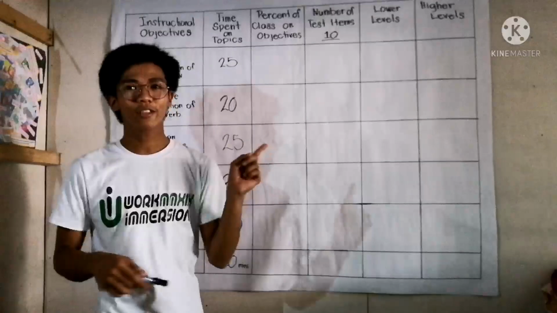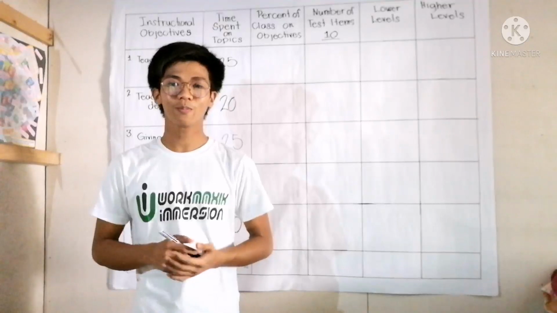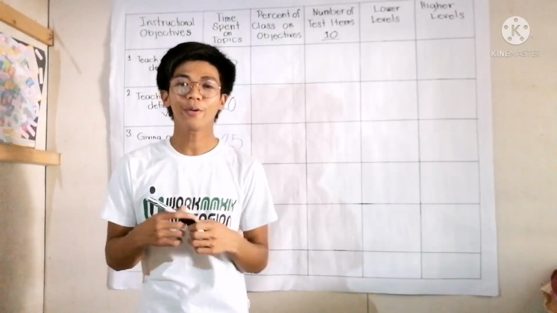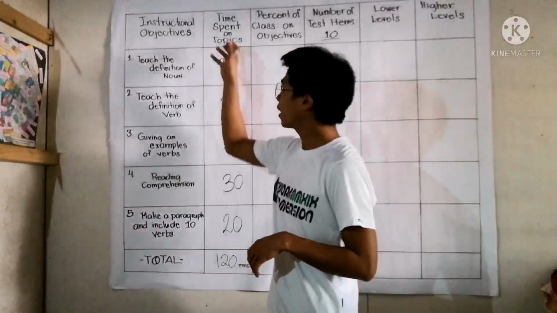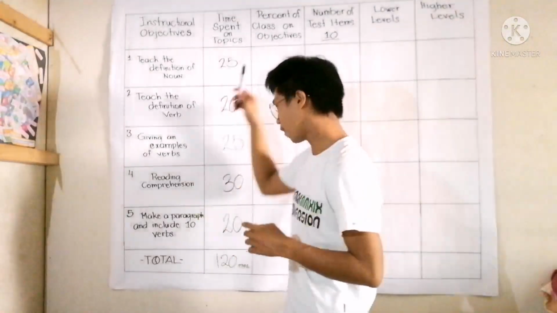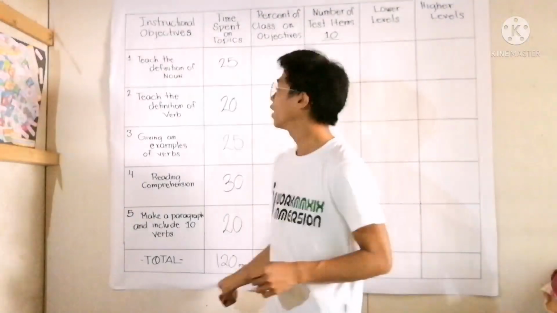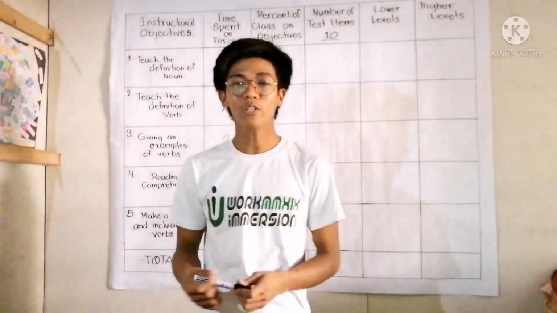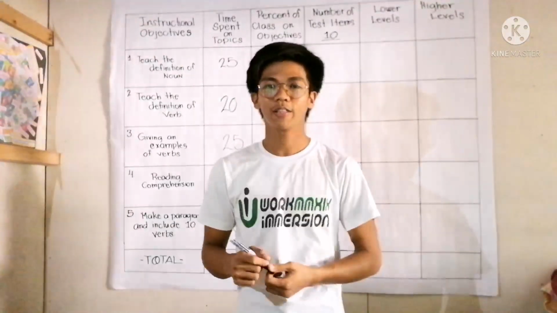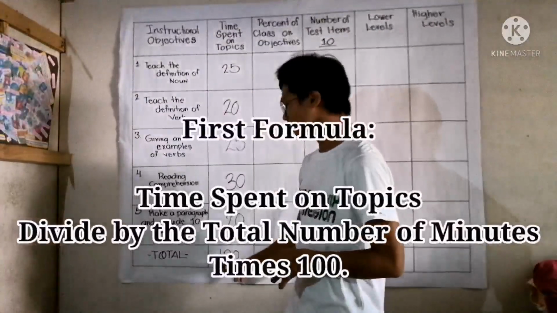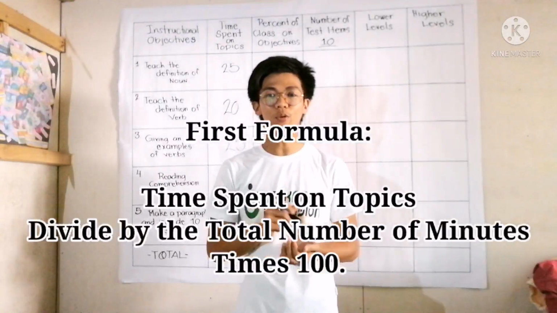To get the percent of class on objectives, we compute using our formula: time spent on topics divided by the sum of the minutes, multiplied by 100. So 25 divided by 120 is 0.20.